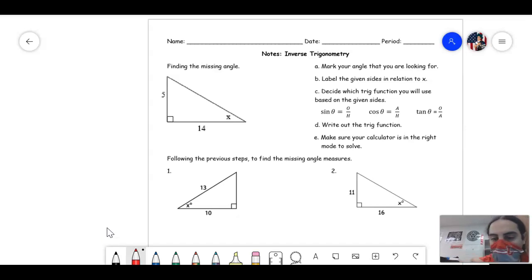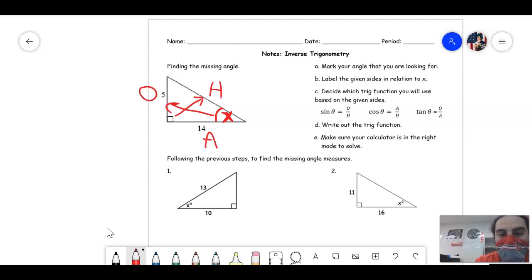You're going to start the same way you did with trig, except this time the angle is not a number; it's a variable. It's x, right? So starting here at x, I want to label O, H, and A. Opposite from the angle, the x, H is across from 90, A is by itself, right? Now, do you see how H has nothing?